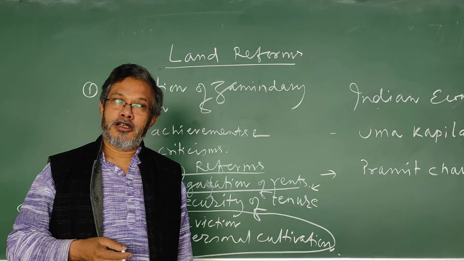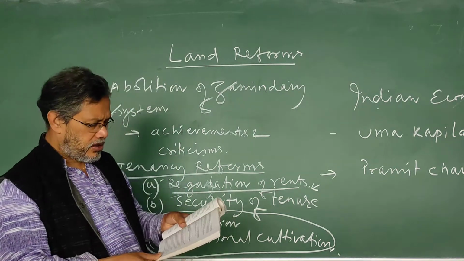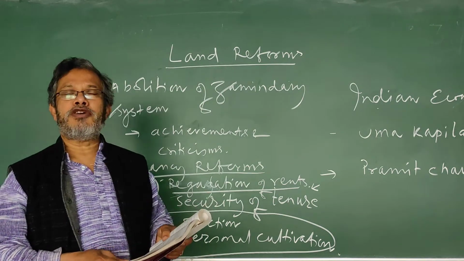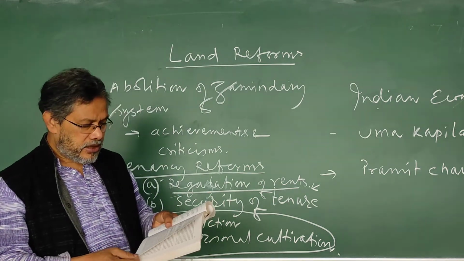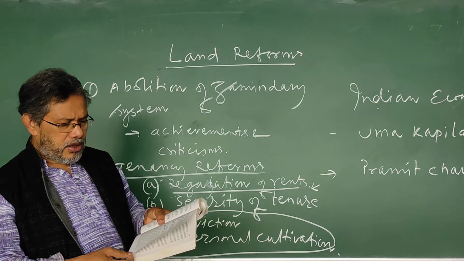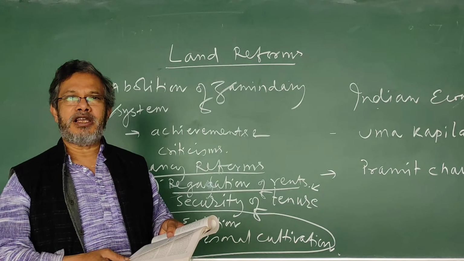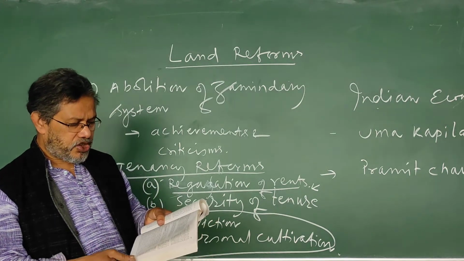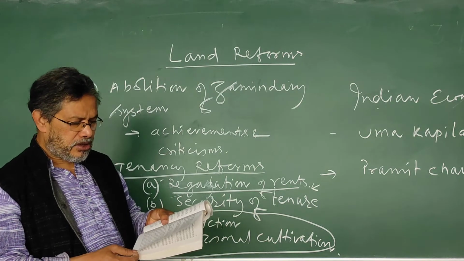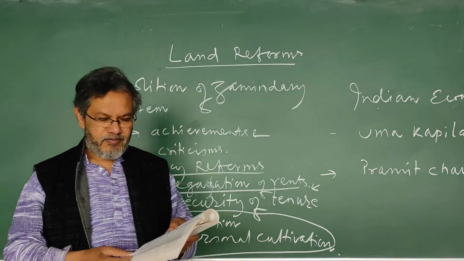In Tamil Nadu, it was 40% for irrigated land, 35% for irrigation supplemented by lift irrigation, and 1/3 or 33.33% in some other cases.